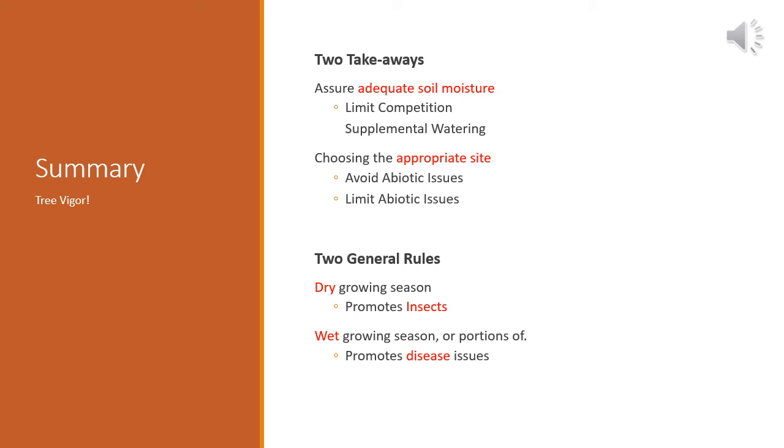As for the two general rules, these will almost certainly be secondary to addressing the two takeaways. Once that is accomplished, it's important to understand that insect issues become more prevalent during periods of drought, and fungal and bacterial infections are more pronounced during moist periods. Now, this can also be considered in relation to irrigated sites, where moisture is maintained regardless of seasonal precipitation.